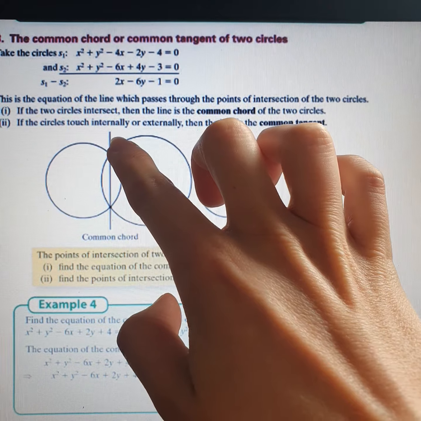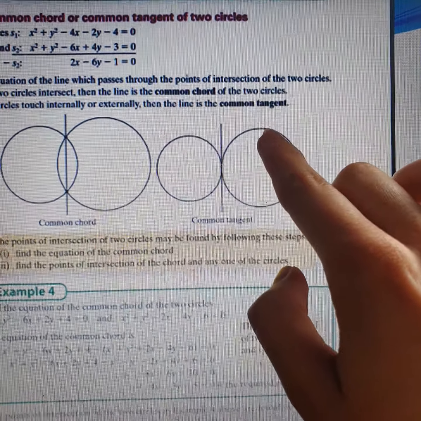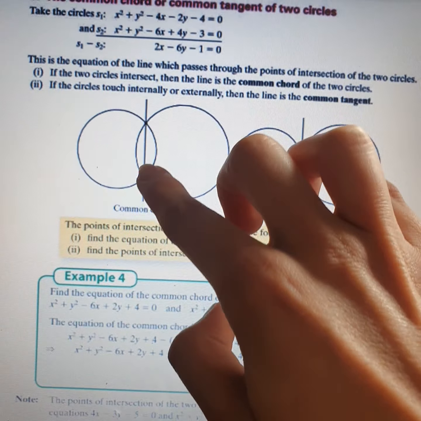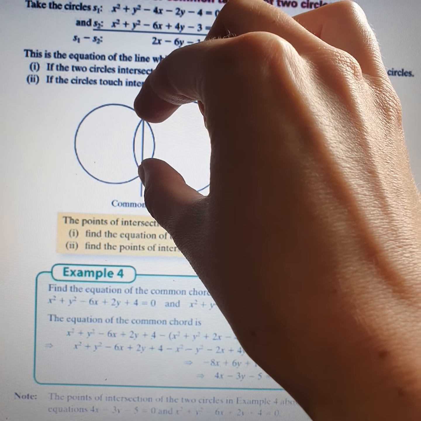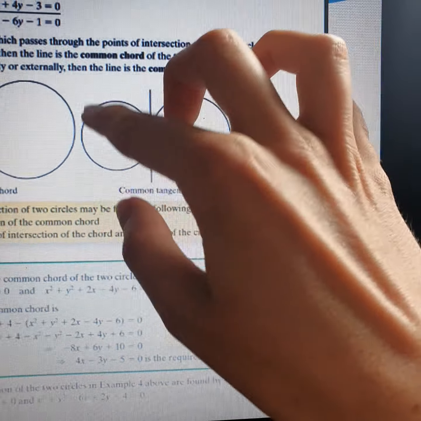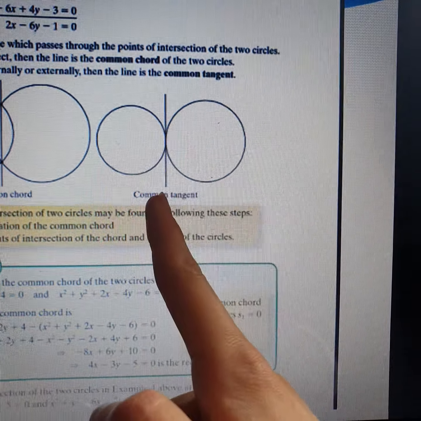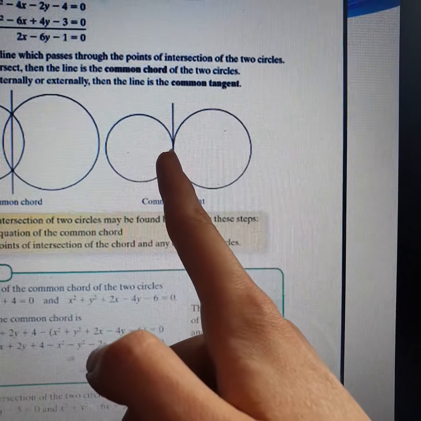If the two circles touch internally or externally, then the line is also the common tangent, right? So this is a common chord because it goes through each circle and touches off two points here. If they touch externally like this, the line that passes through here is a common tangent because it really is only touching the two circles at one point.